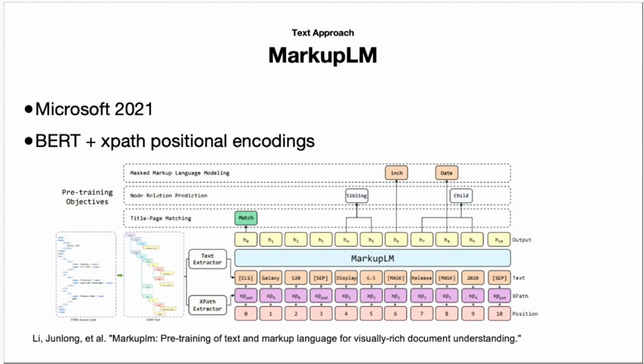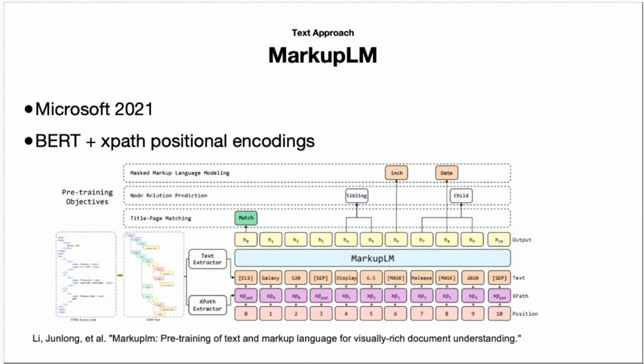And when you're dealing with transformers, it sees all of the tokens at once. And so one of the components of a transformer model is the positional encoding. With regular tokens in text, the positional encoding is just this is the first token, second token, third token. What's clever about this HTML-based model is that it also has an encoding specifying the location of that text within that web structure.